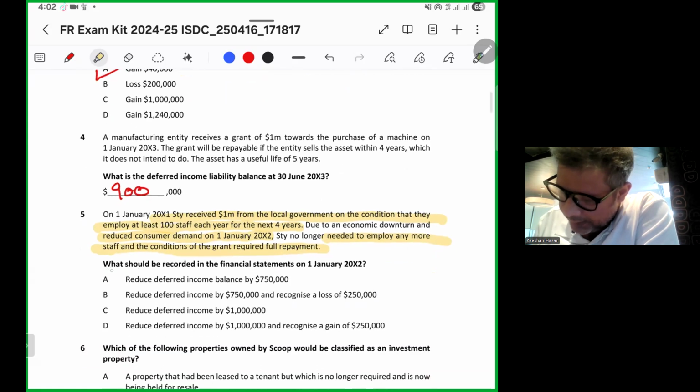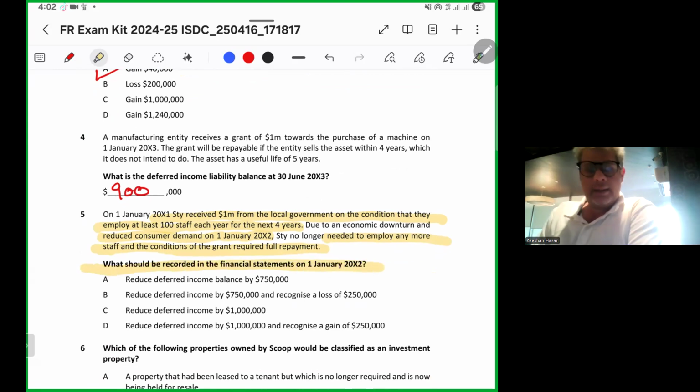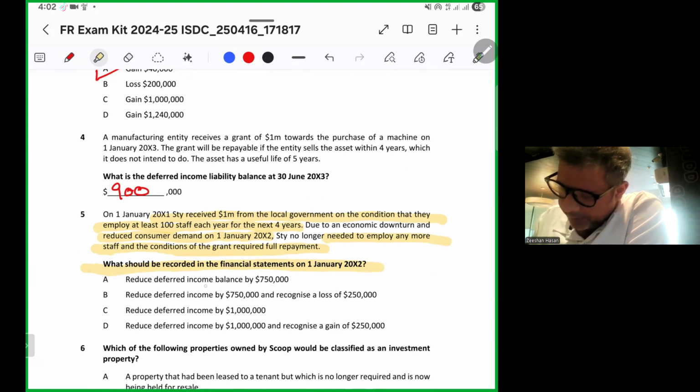What should be recorded in the financial statements on 1st January 20X2? Reduce deferred income by 750,000 and recognize a loss of 250,000. So in this case, B is our answer. Yes, B is the answer.